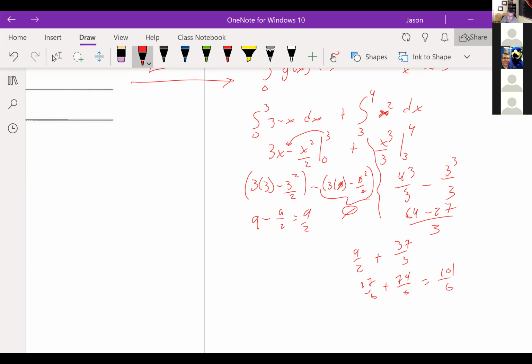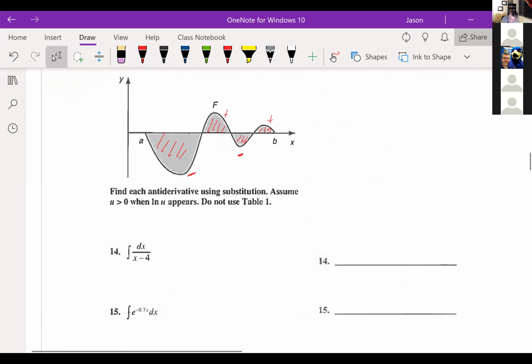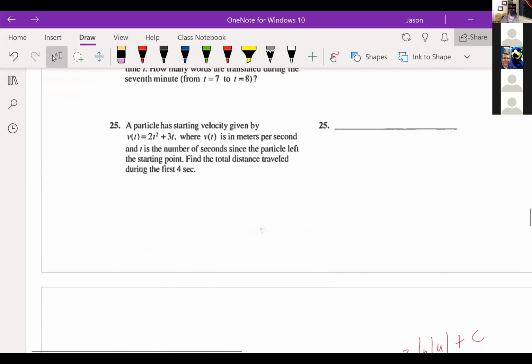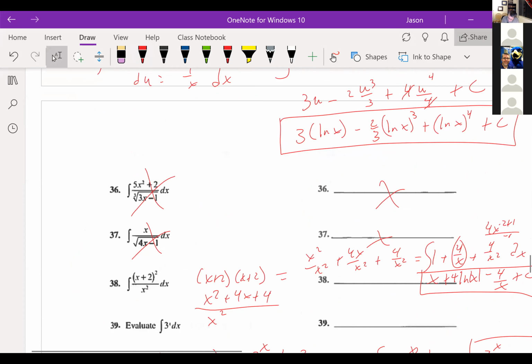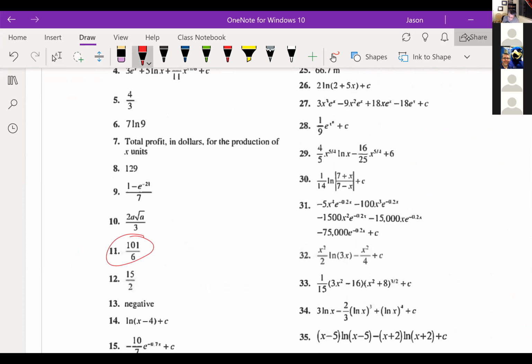And I don't know if that's the correct answer or not, but I could check it, I guess. Number 11. Yep, right there. 101/6. So good deal.